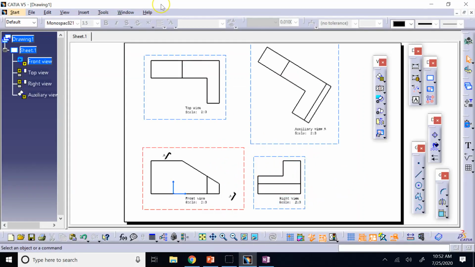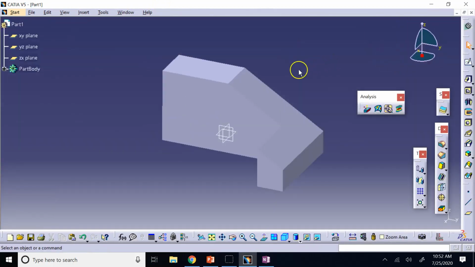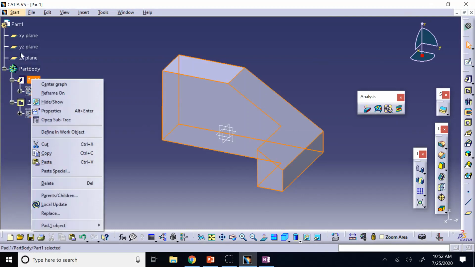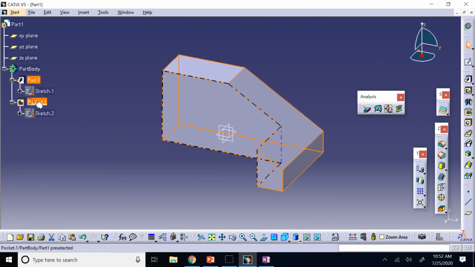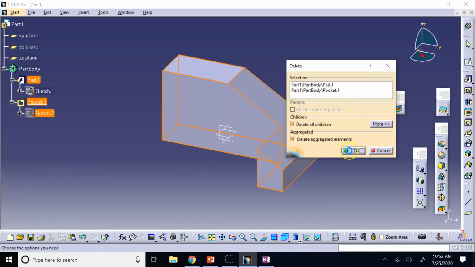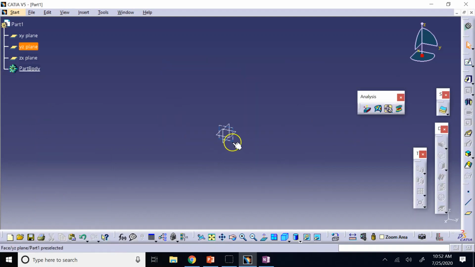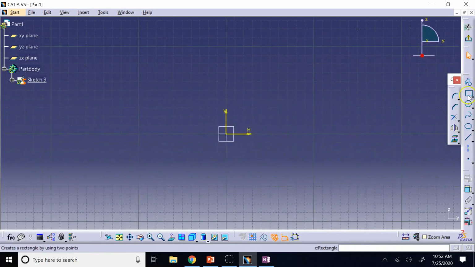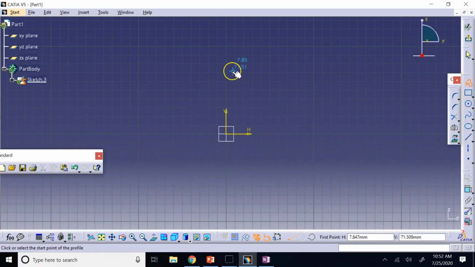So let's see. If I change my part here to something else, and draw something like that, at least roughly.